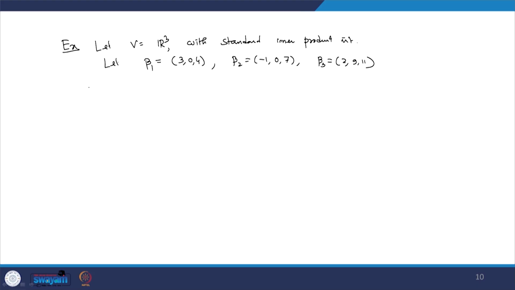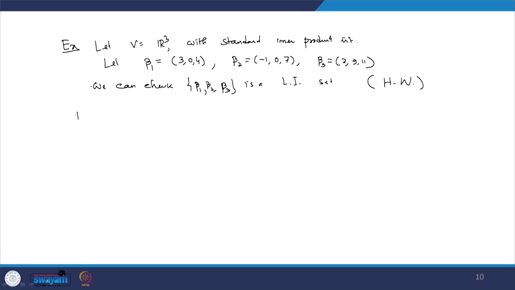We can immediately check the set beta 1, beta 2, beta 3 is a linearly independent set. We can check it as homework please. Now we have to obtain the corresponding orthogonal vectors please.